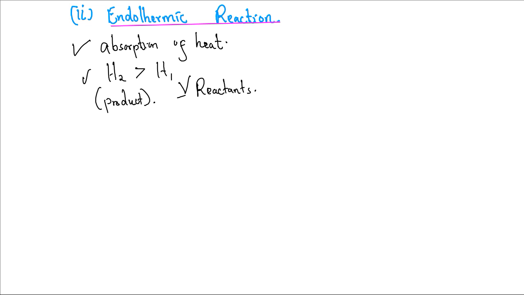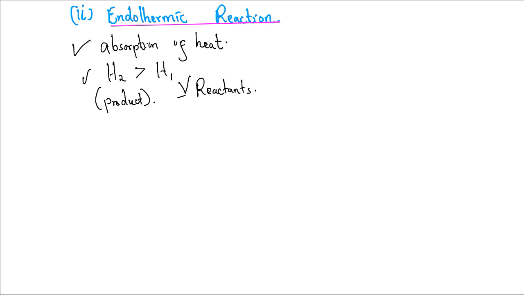So because the difference between product and reactants is bringing some positive value, then we conclude that endothermic reaction has to give a positive delta H, that is positive enthalpy change.